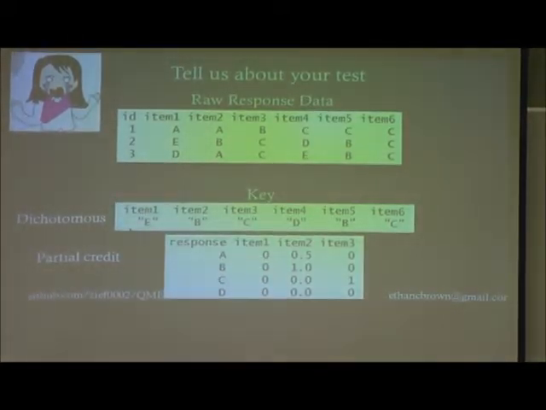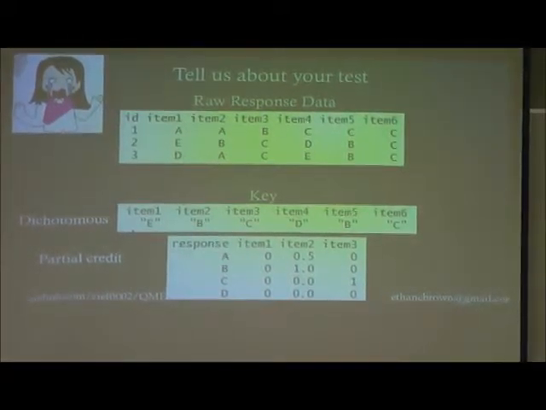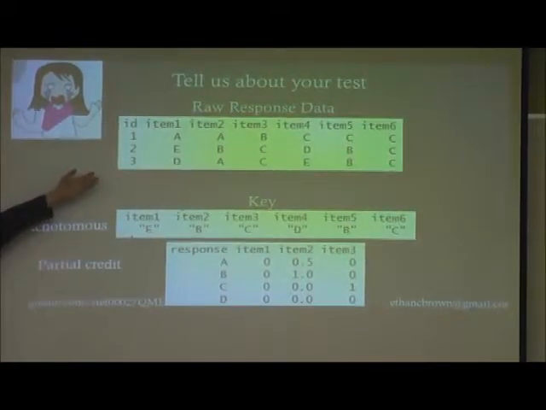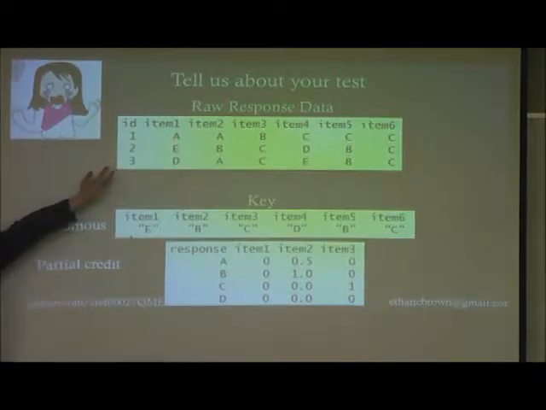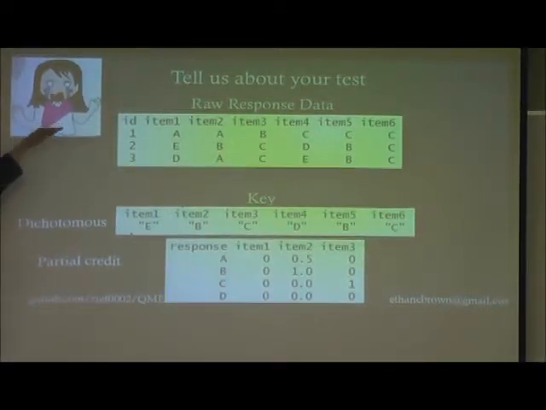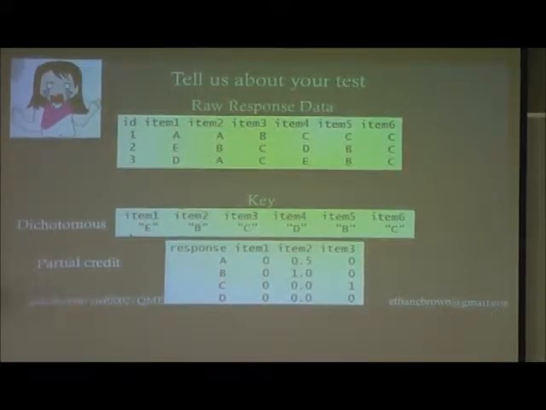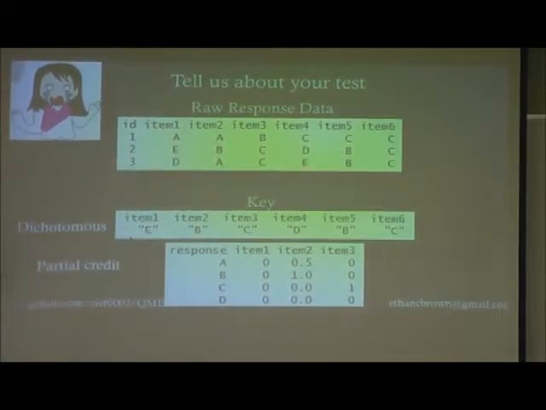So how it works is you tell us about your test. The package needs to know your raw responses. Here's a sample data set where we have students in rows and items in columns. Then you need to tell us how those are scored. There are two ways.